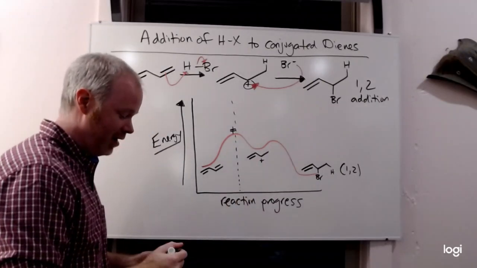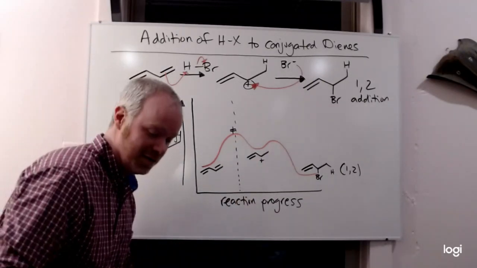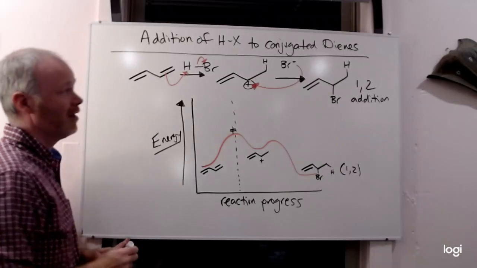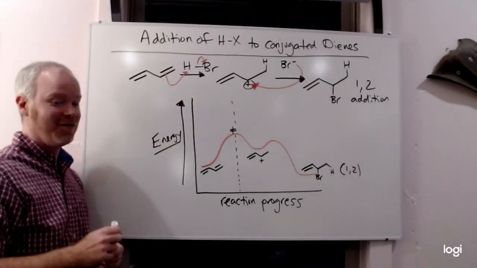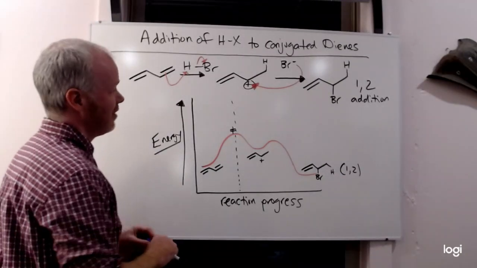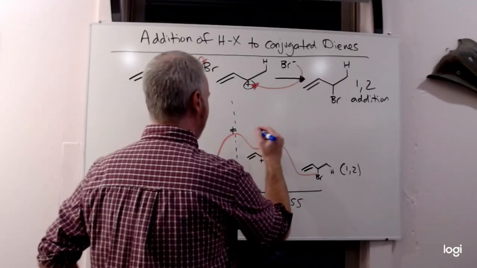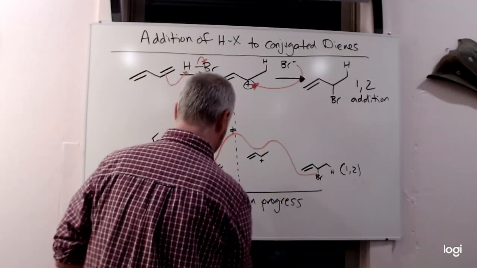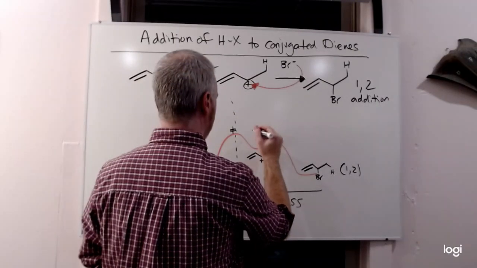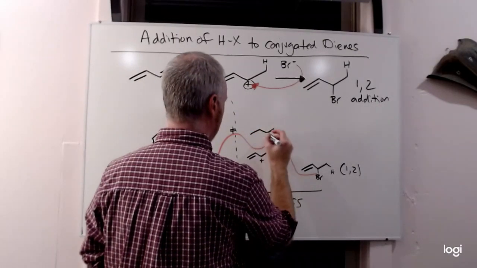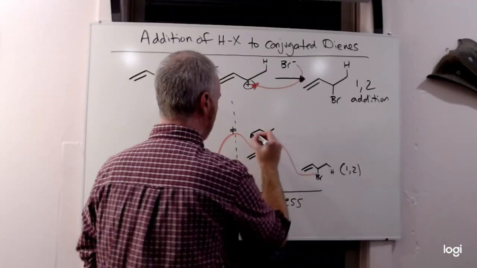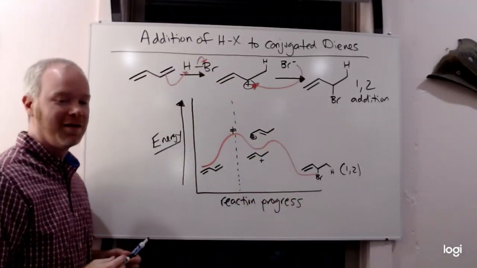So in our 1,2 mechanism, and if you're not sure what that one is, check the previous video, the intermediate of the 1,2 mechanism was the less stable primary carbocation, right?